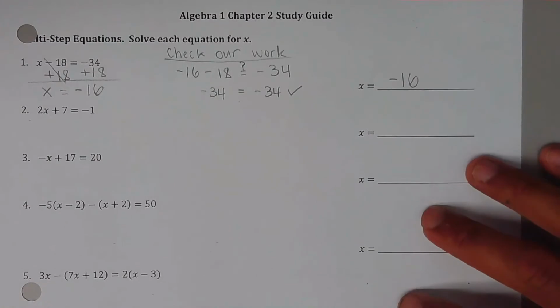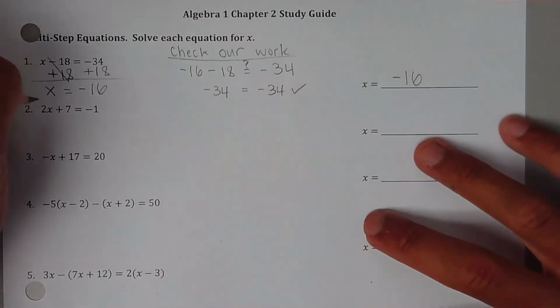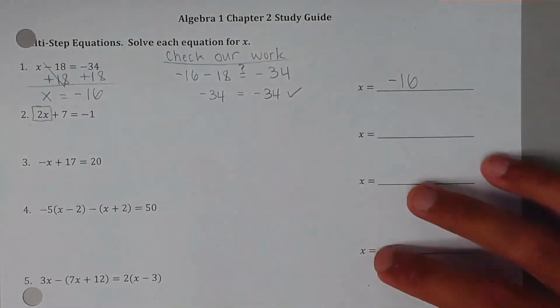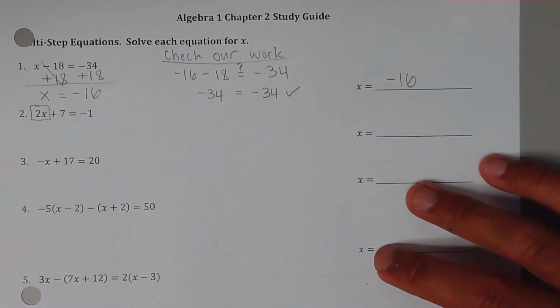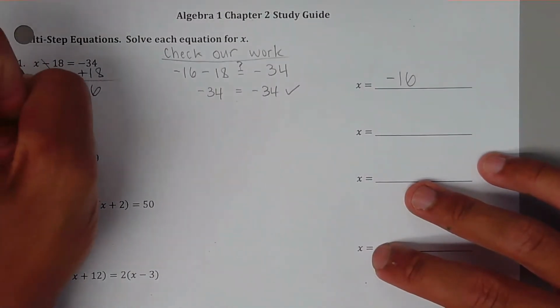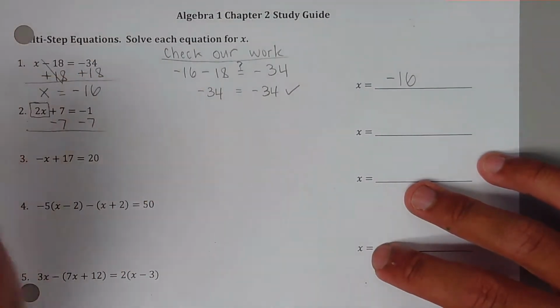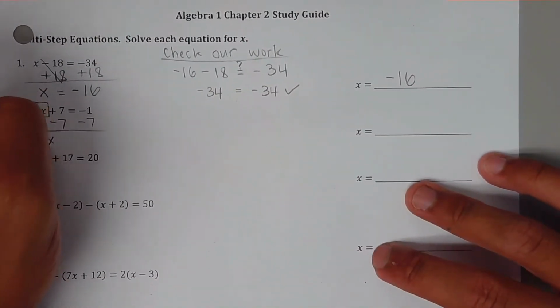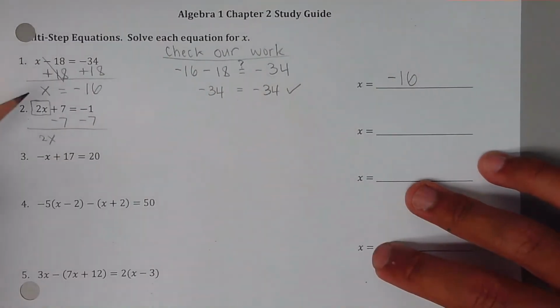All right, so if you guys remember from the lesson, a good technique is to figure out what we do first. Think about where x is. Then we want to get rid of everything else after that. So we subtract 7 from both sides. Subtract 7, subtract 7. We get 2x is equal to, just some students are used to canceling that out.